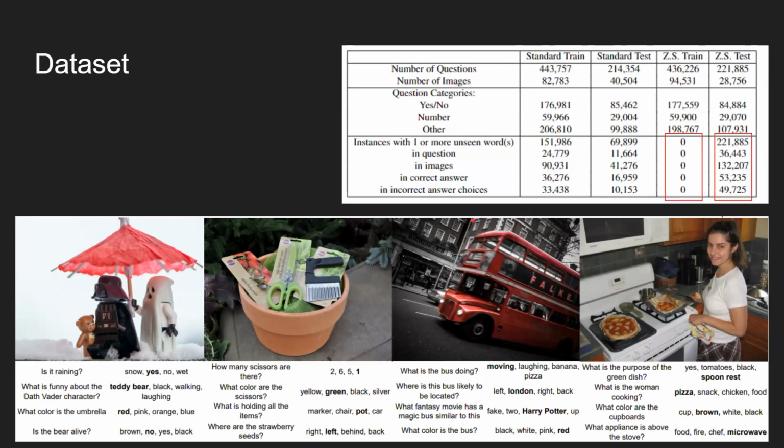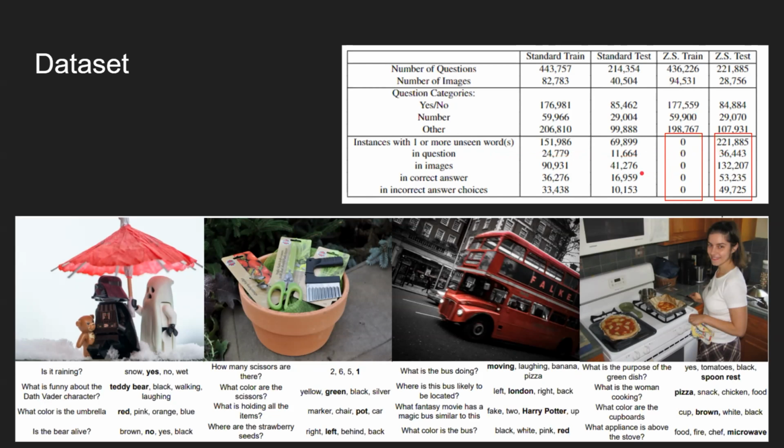So really quickly, I just want to draw your attention to these 2 red boxes, since they're pretty much the most important here. Obviously, in the training data set, there are going to be no instances of 1 or more unseen words. But when we look at the zero-shot test data set, we can see that every single instance here has at least 1 or more unseen words.